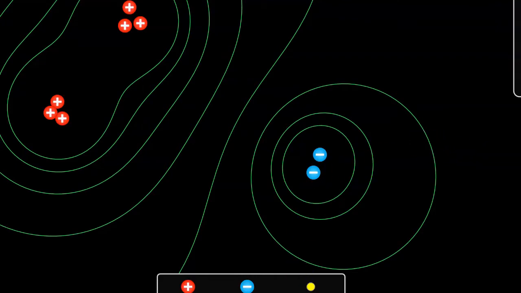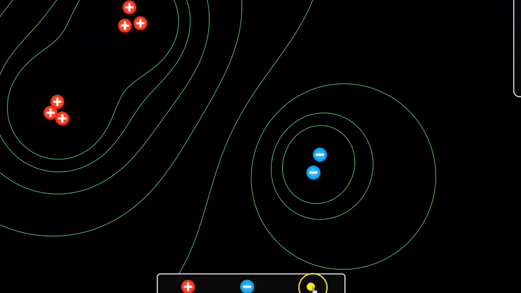So what I've drawn now is a contour map for my potentials. And these ones were the highest, these ones were lower down. So it's almost like there's this hill up here, this mountain with two peaks. And then there's this valley down here where the potential becomes negative.